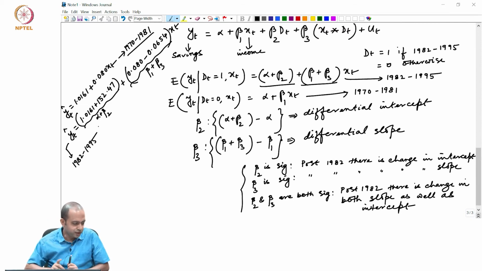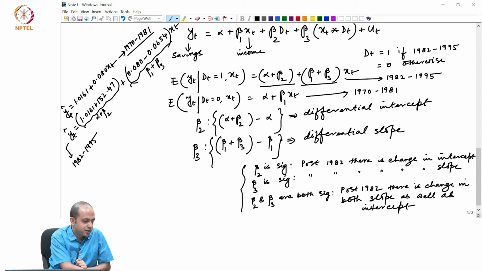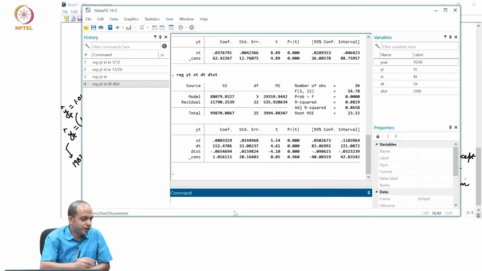Now look at the level of significance. How do you know the differential slope? The coefficient of dtxt is basically the differential slope, that is minus 0.0654. Is that significant? The p value is 0.000, so the differential slope is highly significant.